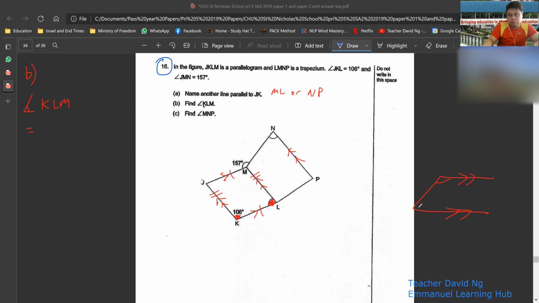P plus M. You don't remember? Okay, this angle plus this angle equal to? Let's say this angle A, this angle B. Angle A plus B is equal to what? These two are parallel lines. This is a very important concept in geometry.